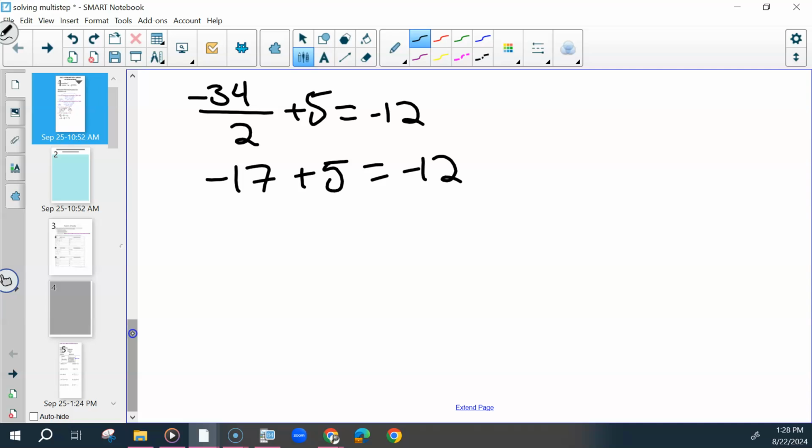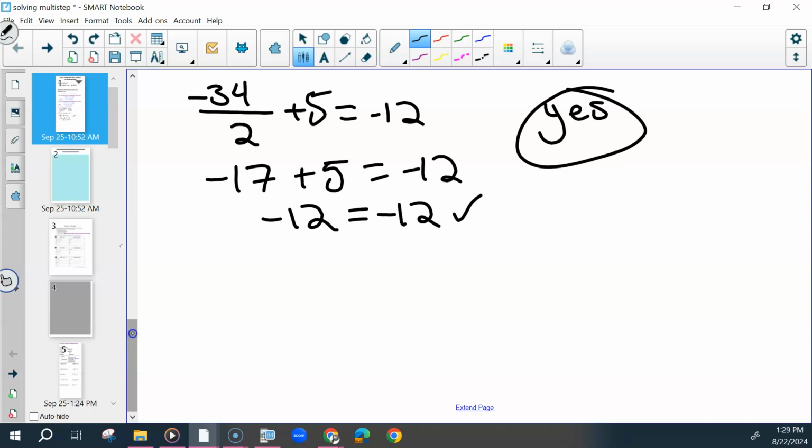And then add these 2 numbers together, and that would give us -12, which matched, that made it a true statement, so this was a solution. Okay. Questions about that?